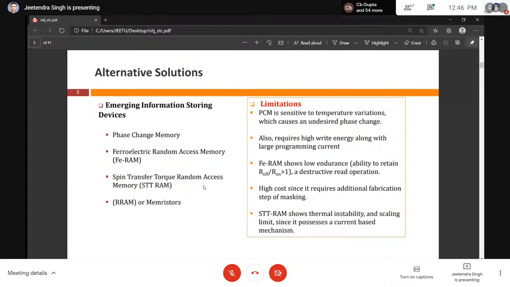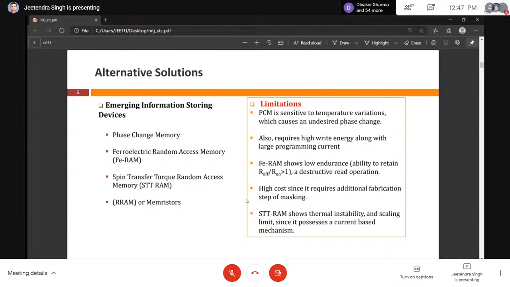So STT-RAM uses the spin polarized current to change the orientation of two magnetic layers, which are separated by a metallic layer. If the orientation of both layers is the same, then it is the low resistance state. If the orientation of both magnetic layers is different, then it shows the high resistance state.